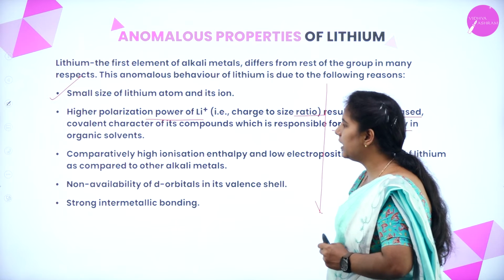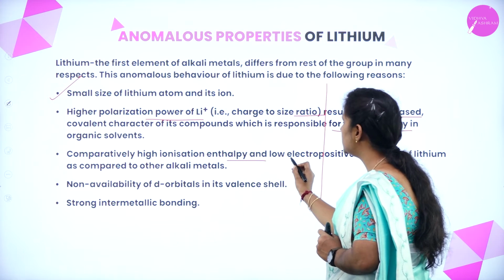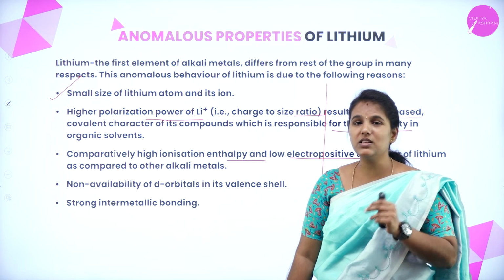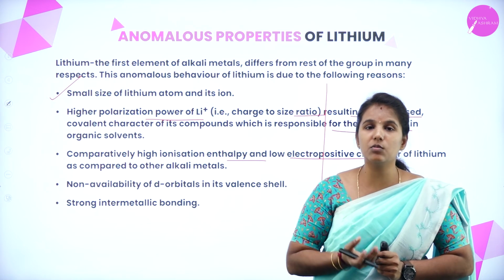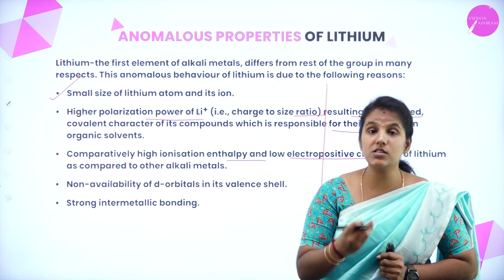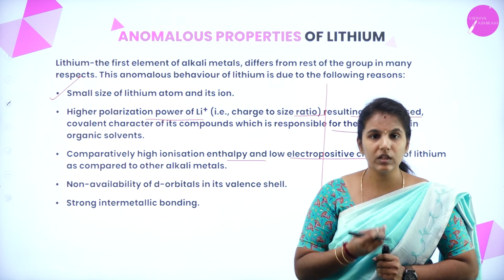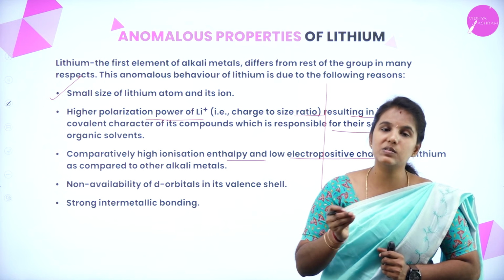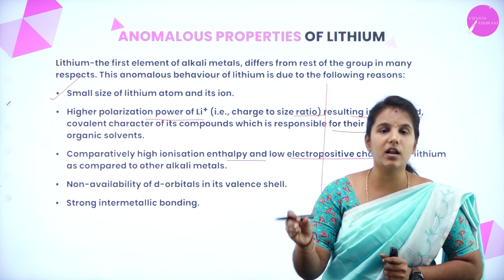And comparatively, it has high ionization energy and low electrode potential characteristics. Because of the smaller size, we can easily remove the one electron, hence the ionization energy is also very low. And we know that lithium has only 3 electrons. It is very easy to obtain the second electron also.